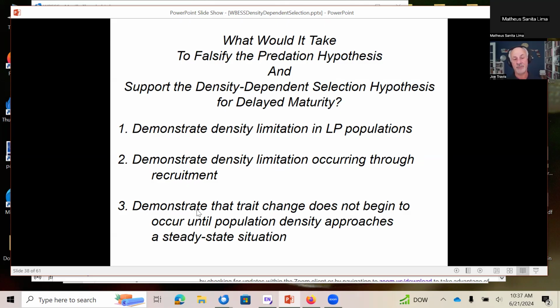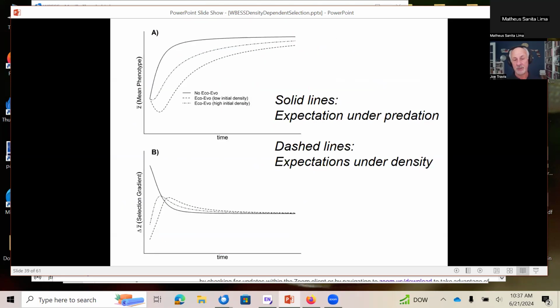What about number three? How are we going to do that? Well, let's take a look. Here's the expectation. This shows you the mean phenotype, that is the age of maturity that we should see. If predation is actually the agent of selection, as soon as we alleviate predation, the mean phenotype should begin to change. In this case, maturity should be beginning to be delayed.